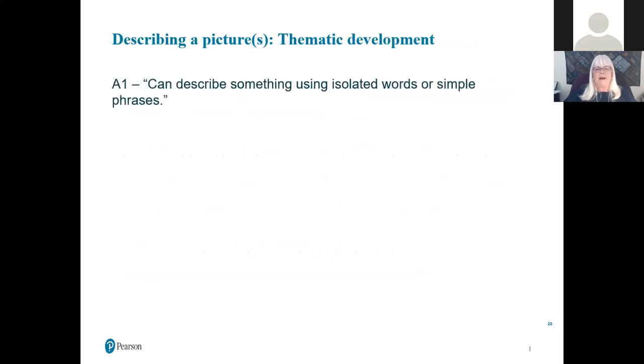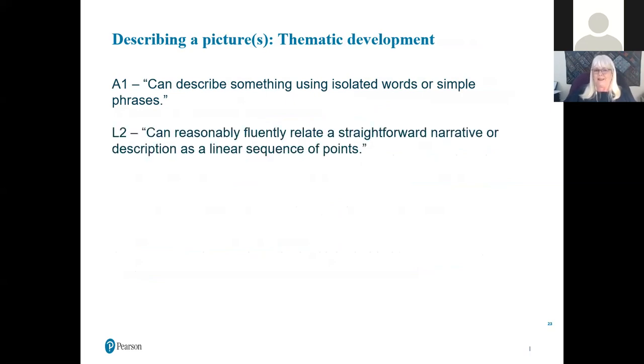And here are the descriptors from the different levels from our marking criteria. A1 can describe something using isolated words or simple phrases. Okay, so level 2 can reasonably fluently relate a straightforward narrative or description as a linear sequence of points. So there's the idea of some kind of cohesion coming in there.